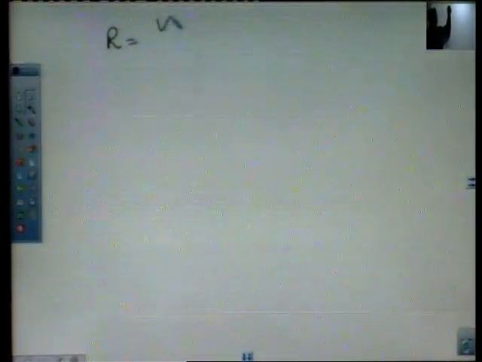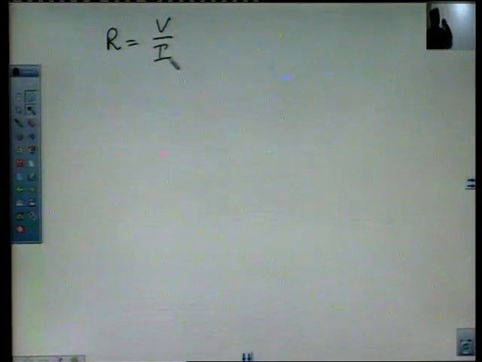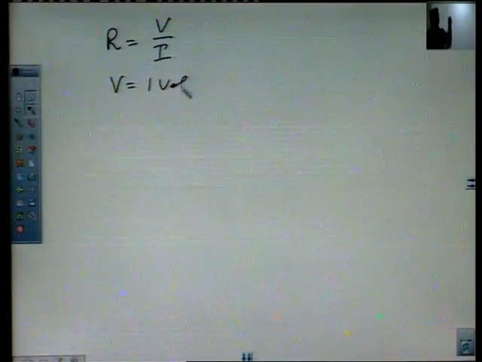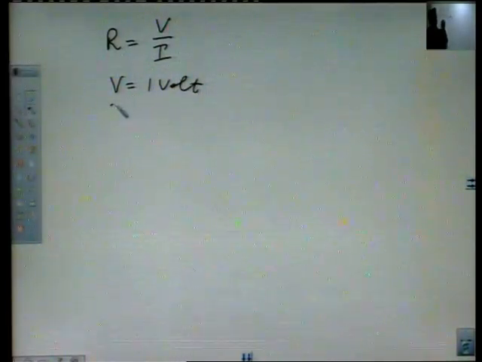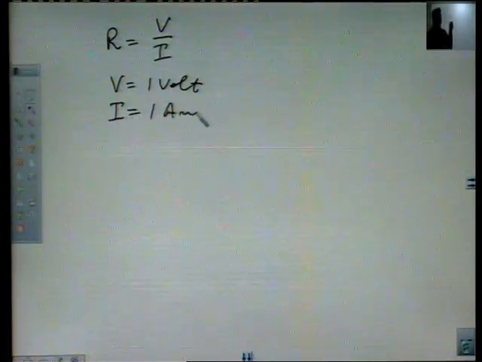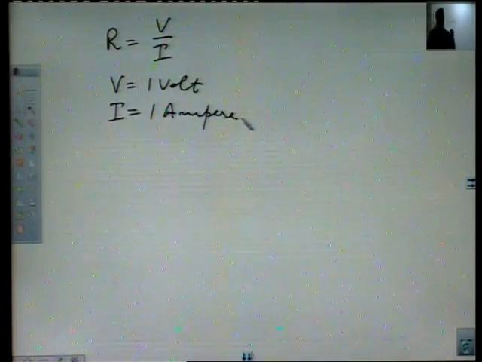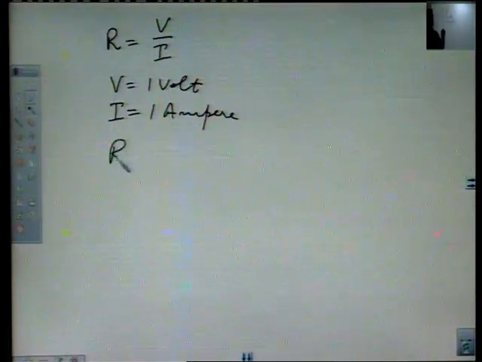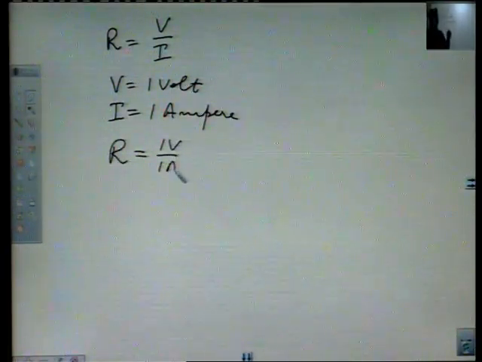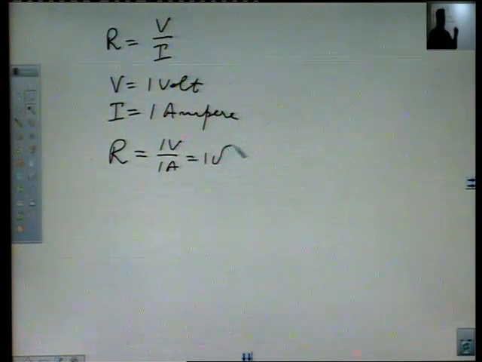So, R is equal to V over I. If V is equal to 1 volt and I is equal to 1 ampere, then how much is resistance? Resistance R is equal to 1 volt over 1 ampere, which is equal to 1 ohm.